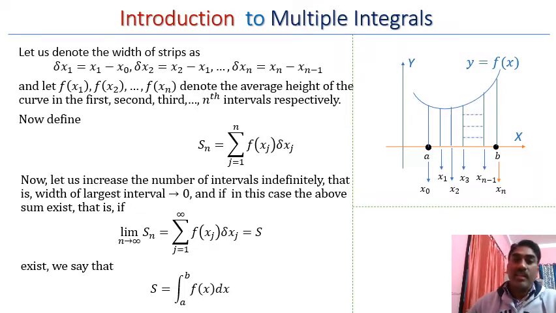No. If you take an infinite number of intervals, in some cases this sum Sn gives a finite value and in some cases it does not. If it gives a finite value, we say that the limit as n tends to infinity exists, and s is the value of the sum. In this case, s is said to be the integral from a to b of f(x) dx.